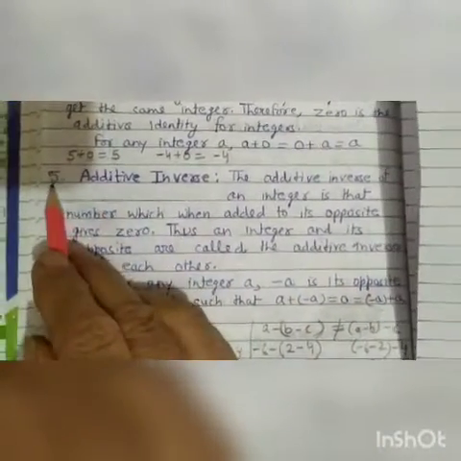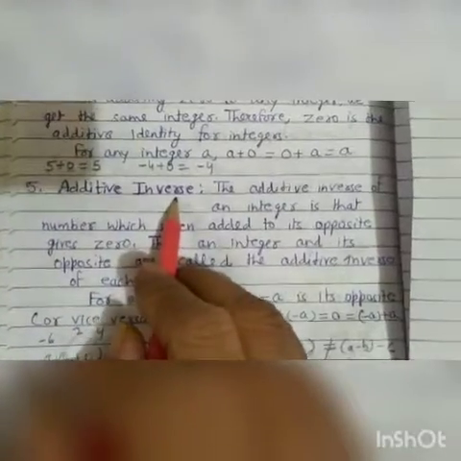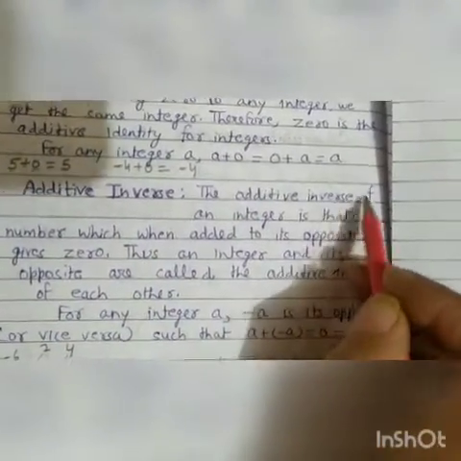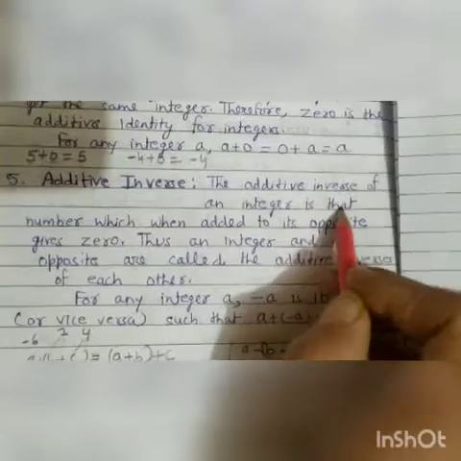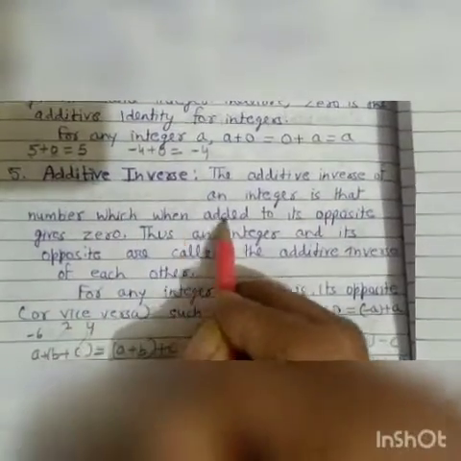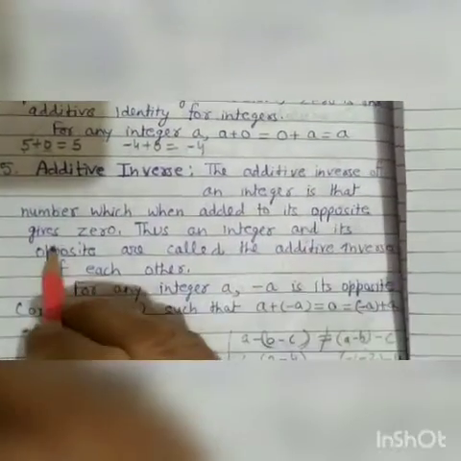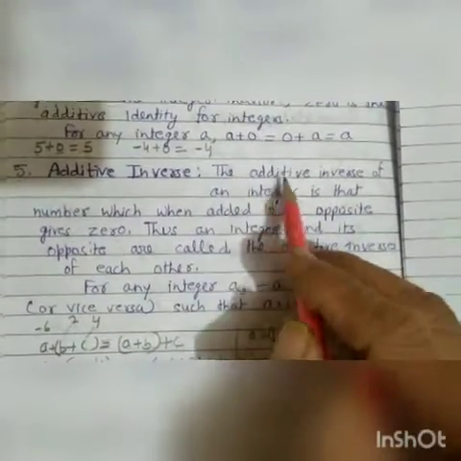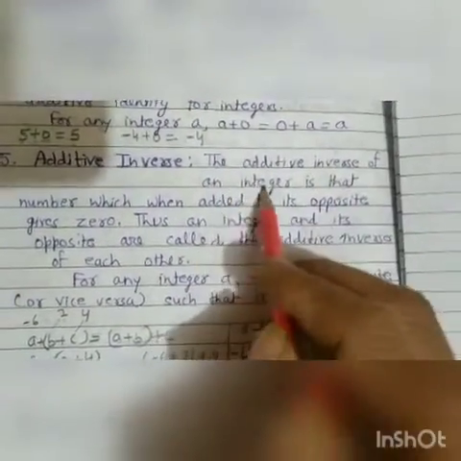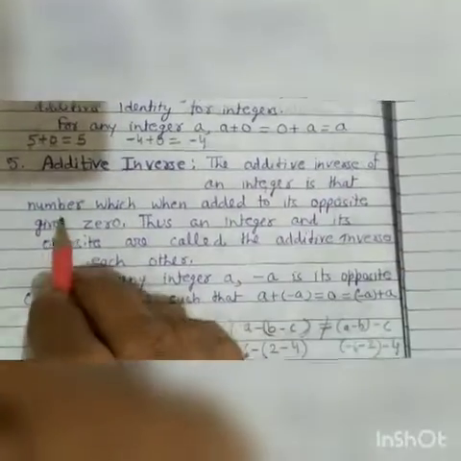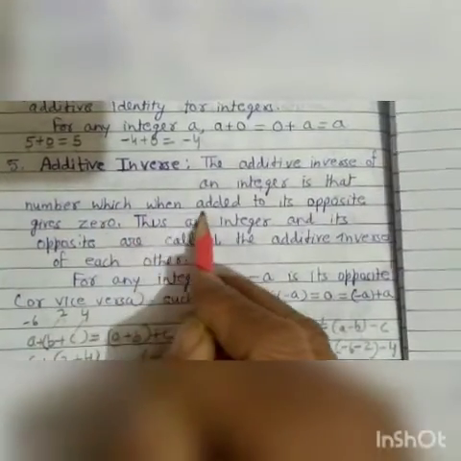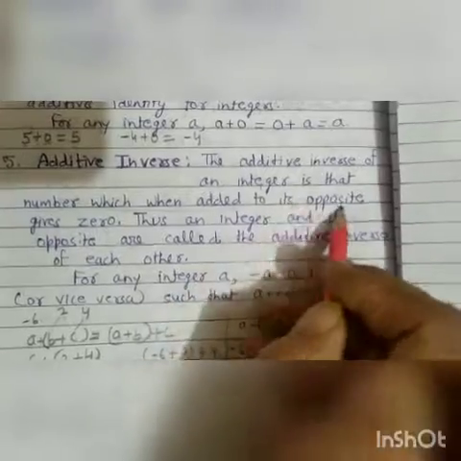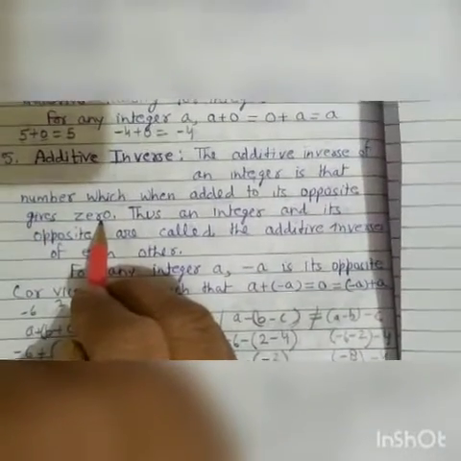Now come to next property number 5, additive inverse. The additive inverse of an integer is that number which when added to its opposite gives 0.